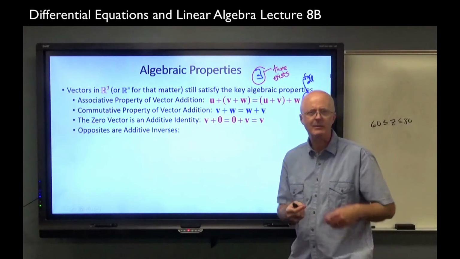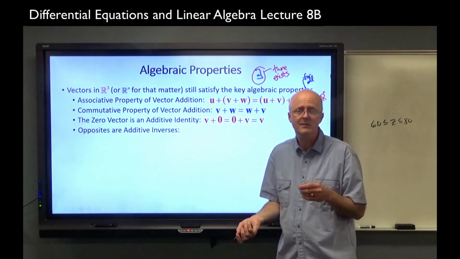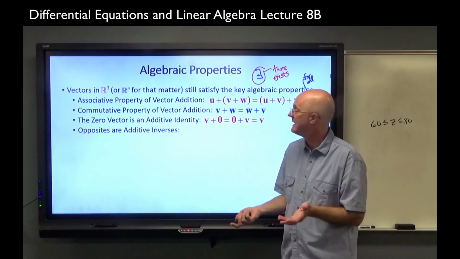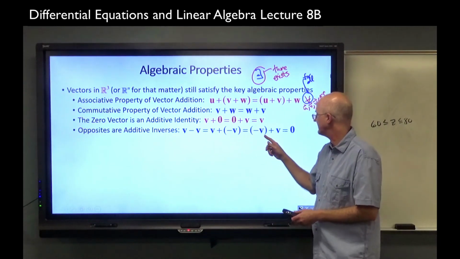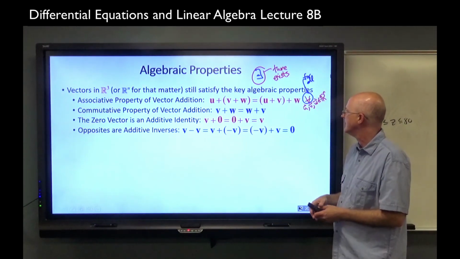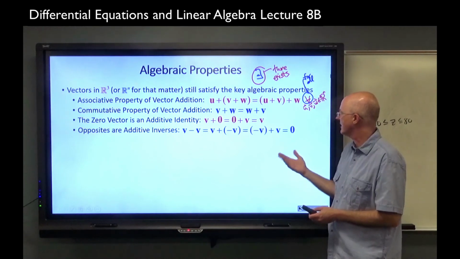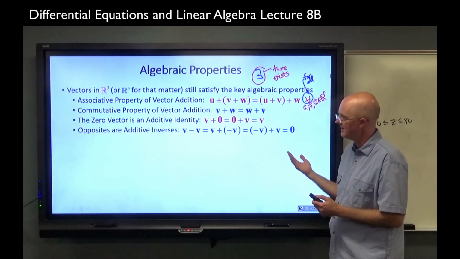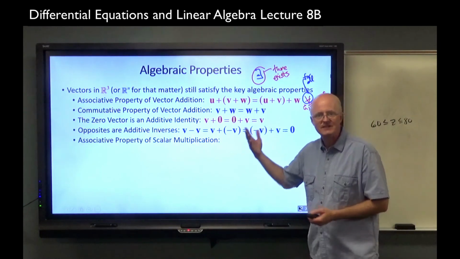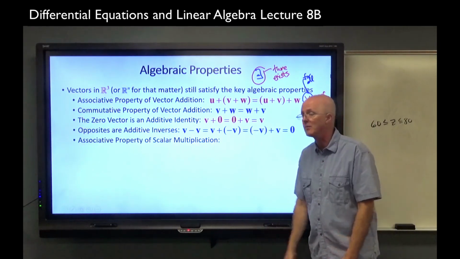What's an opposite? It's when you multiply a vector times -1 to get negative V. V minus V, which by definition is V plus negative V, or negative V plus V, equals 0. Negative V is the additive inverse of V. You add it to V, you get 0. These are similar to properties for numbers in regular real number addition.